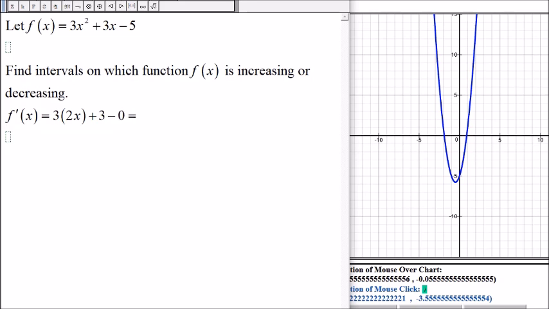And so we get 6x plus 3. And then to find critical numbers, we set the derivative equal to 0 and solve for x.